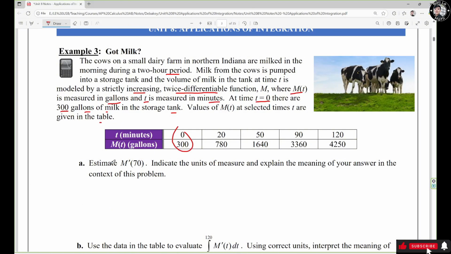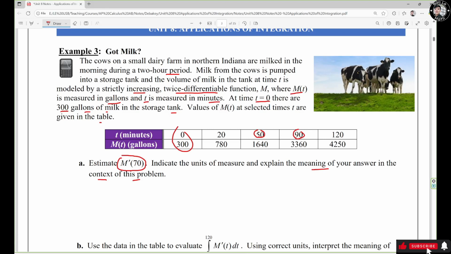Now, question A. Estimate m prime of 70. Indicate the units of measure and explain the meaning of your answer in the context of this problem. Basically you're going to use the mean value theorem, right? You know that 70 is between 50 and 90, right?